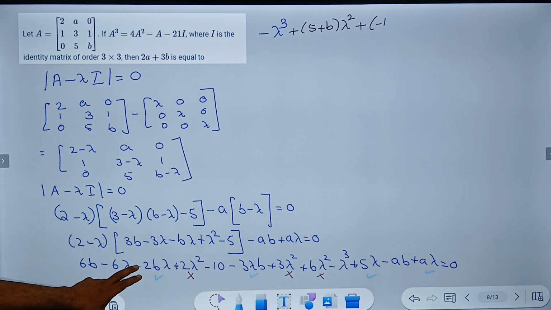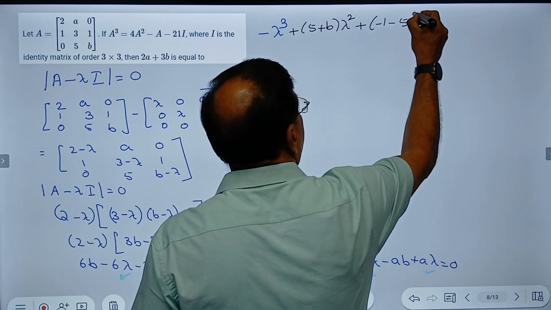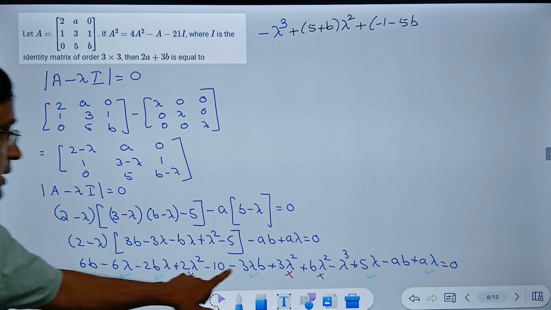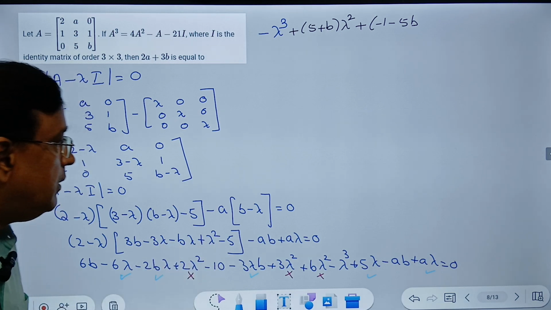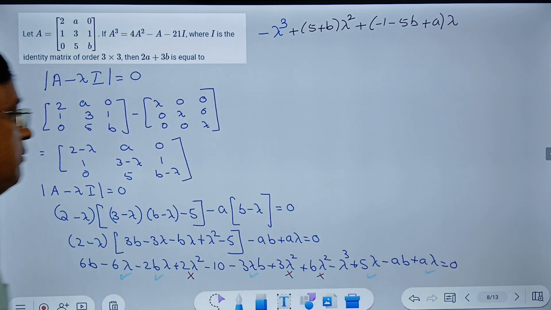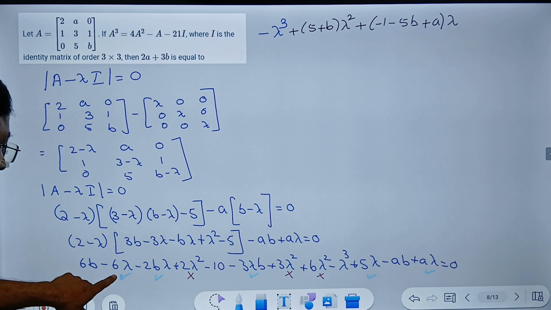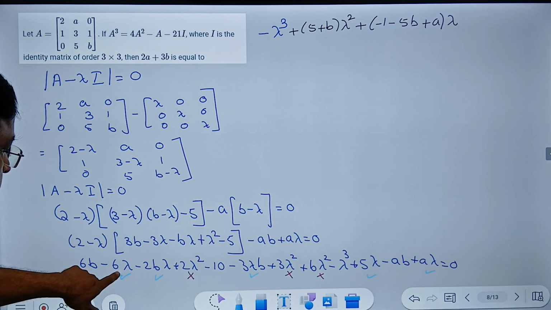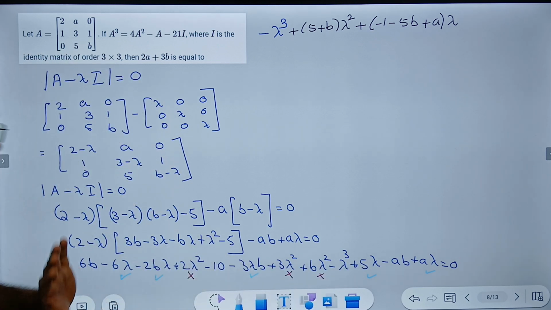Then this is minus 2b, and minus 3b is minus 5b. And then I have plus a into lambda. I think I've covered all the lambdas. So this is minus 1, then minus 5b plus a, perfect.